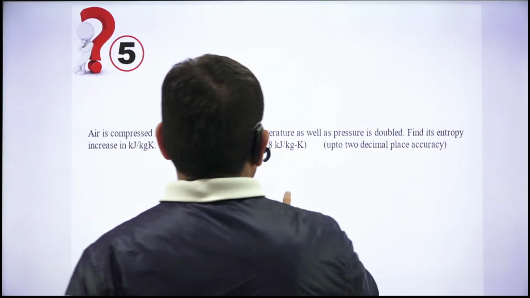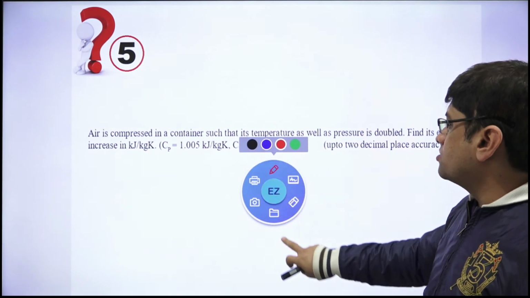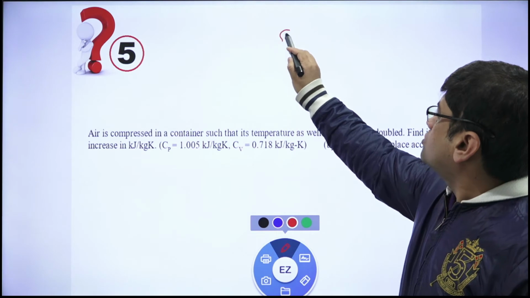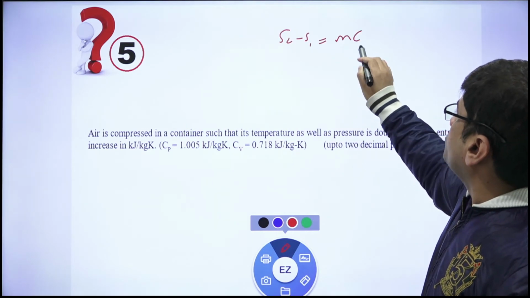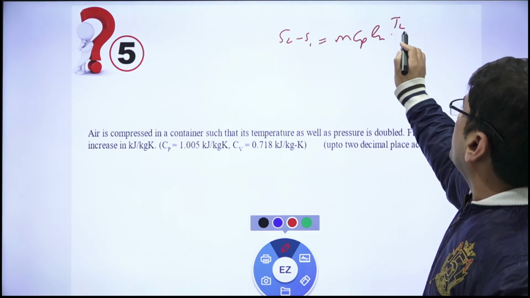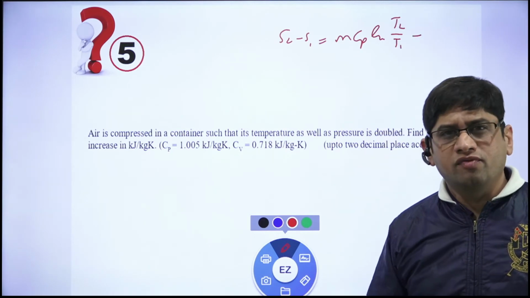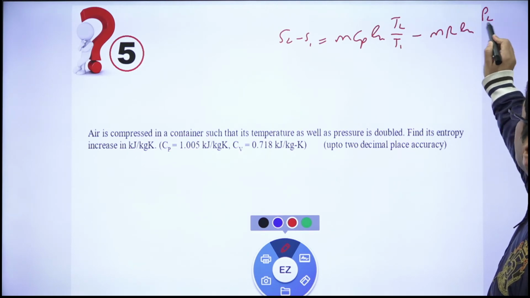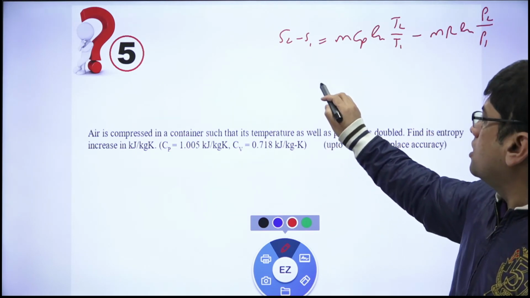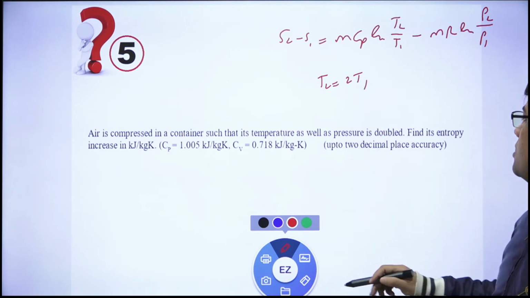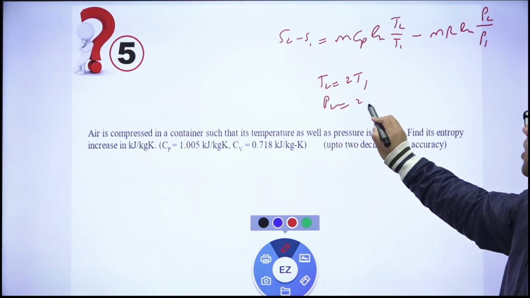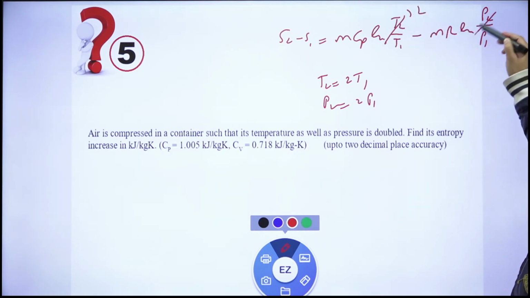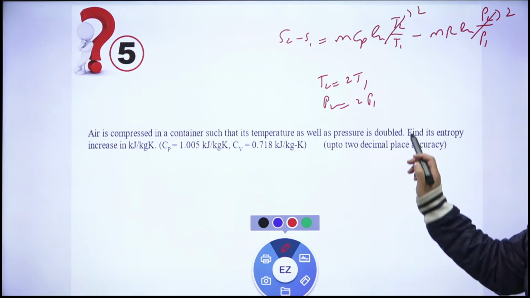In terms of temperature and pressure, the formula is S2 minus S1 equals mCp log of T2 by T1 minus mR log of P2 by P1. Now what does he say? T2 is equal to 2 times T1 and P2 is equal to 2 times P1. So T2 by T1 will be equal to 2 and P2 by P1 is also equal to 2. Both are doubled.